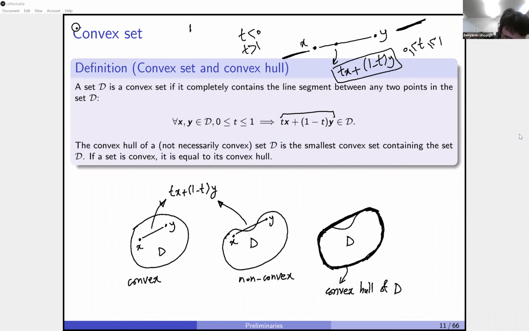And if t is all of R, it means the whole line connecting x to y, passing through x and y.